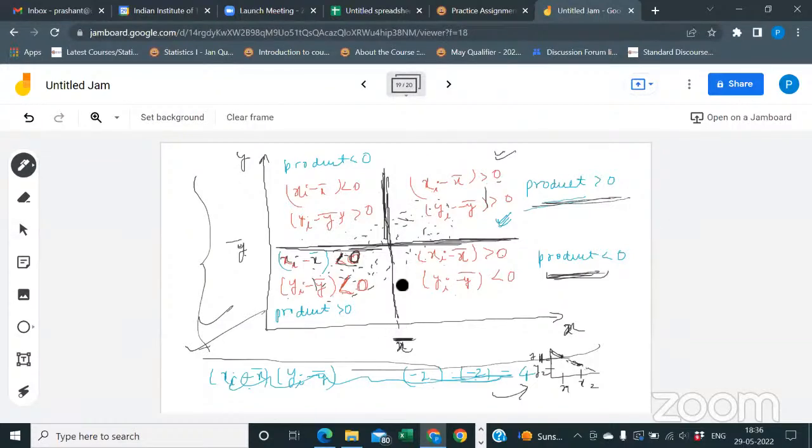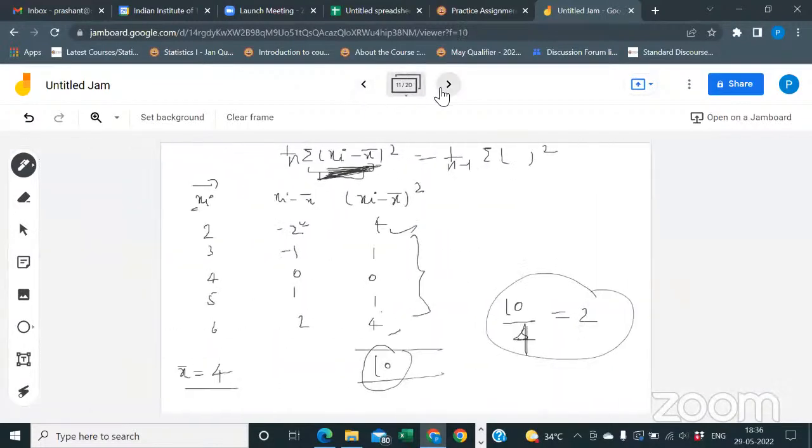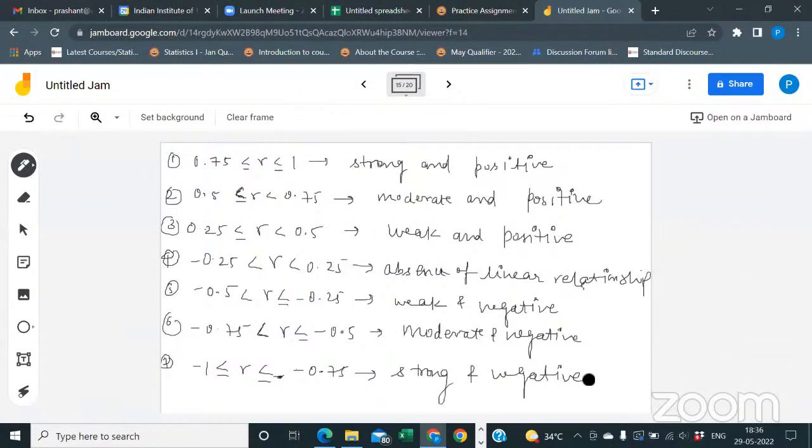Sir, I have one more doubt, a supplementary doubt. Let me elaborate on what my problem is. In correlation, if the value is near to minus one, then we can conclude that there is association between the two variables.